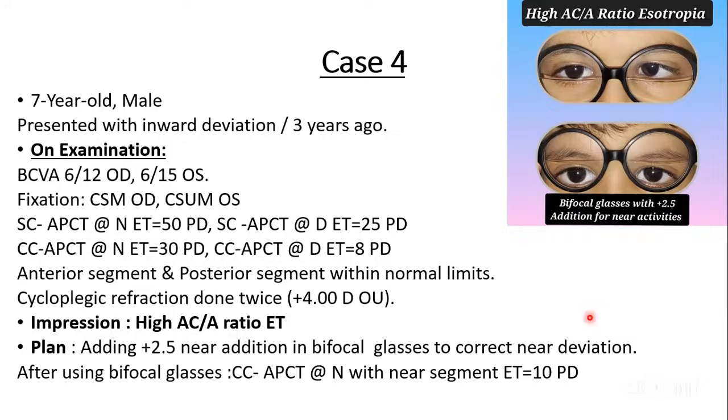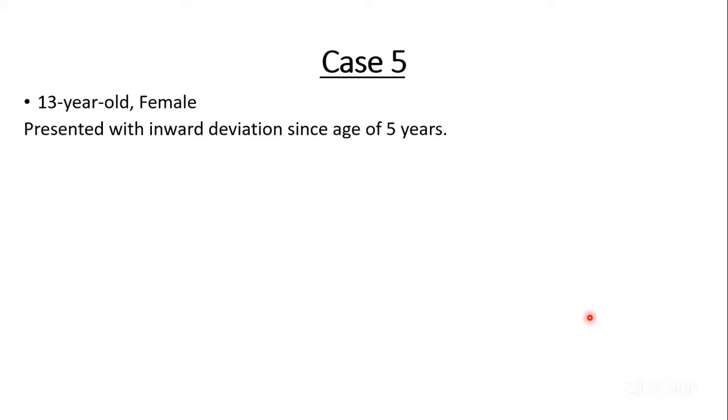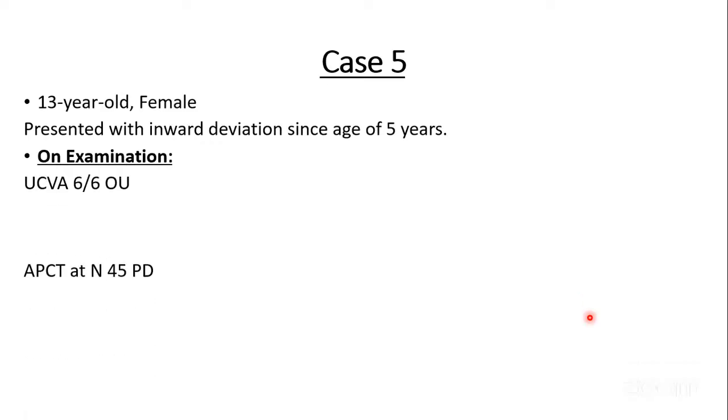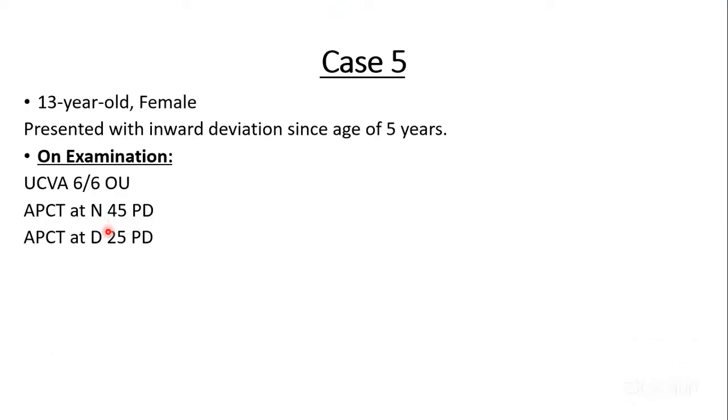Here is a case of a 13-year-old female with inward deviation since the age of 5 years. On examination, vision 6/6, she has esotropia 45 prism diopters at near and 25 prism diopters at distance.